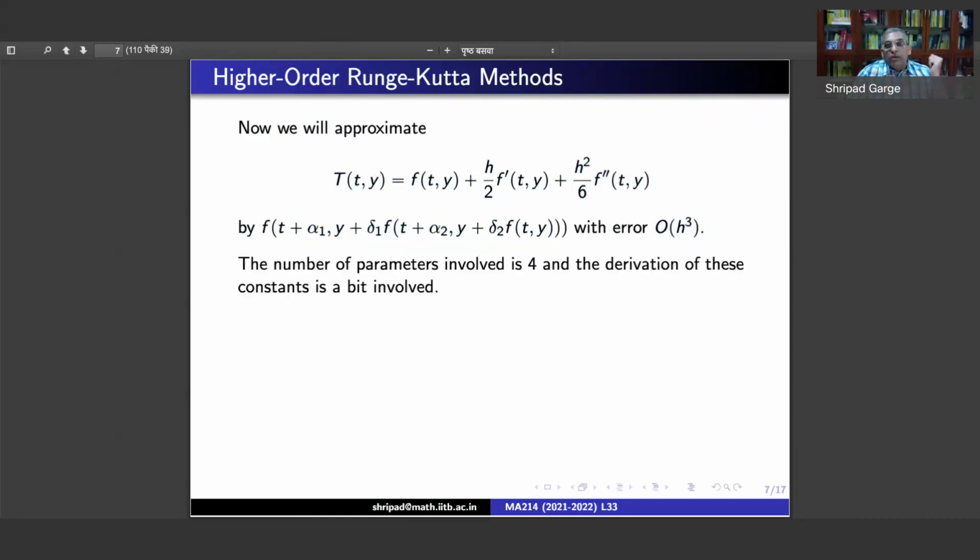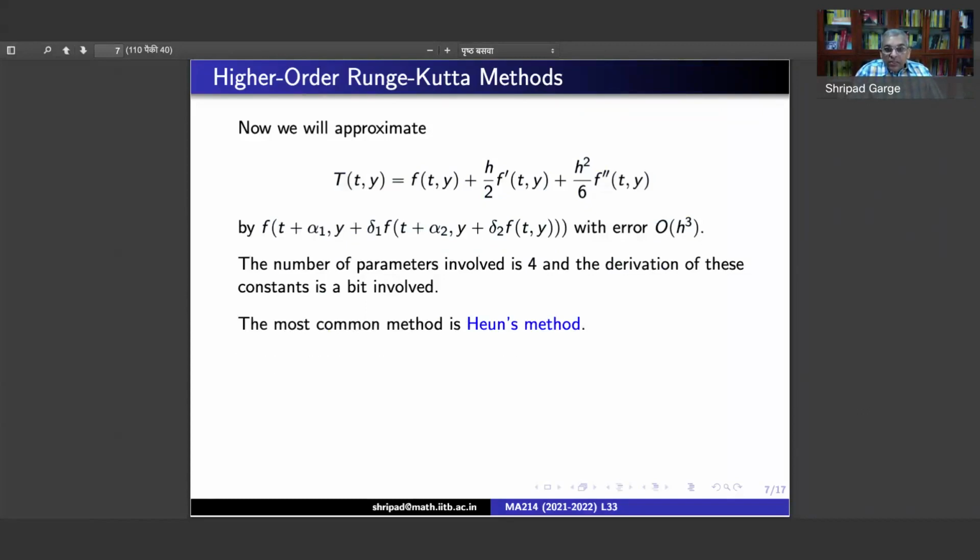So this can be done, of course, and the derivation of all these constants is a bit involved, but we will just tell you the final answer. The method is called Heun's method. This is yet another German mathematician working in this part of numerical analysis.